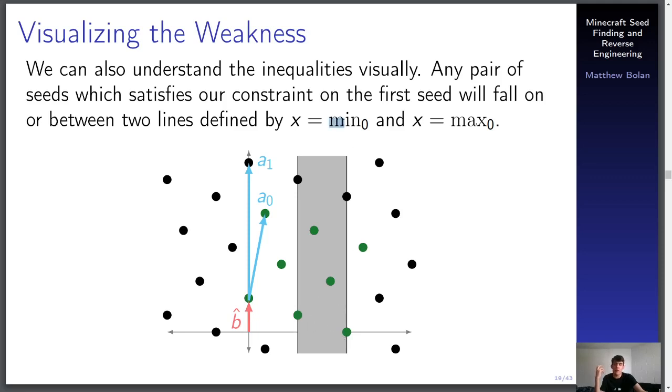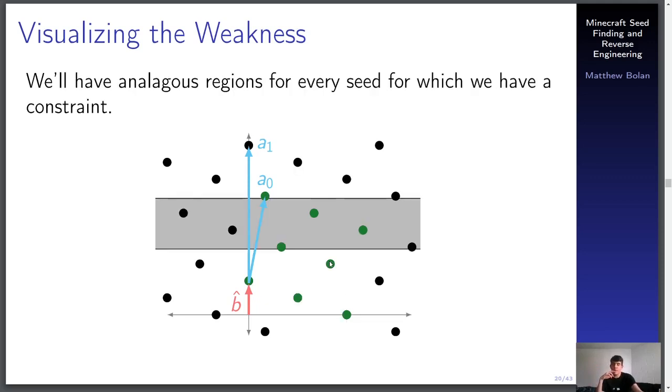So we have some minimum value for seed 0 and some maximum value for seed 0, and that yields this sort of gray region. Because if seed 0 is less than this, there's no way it will fall between min and max. And if it's greater than this, again, there's no way it's falling in this gray area. And a similar thing holds if we have an inequality on seed 1.